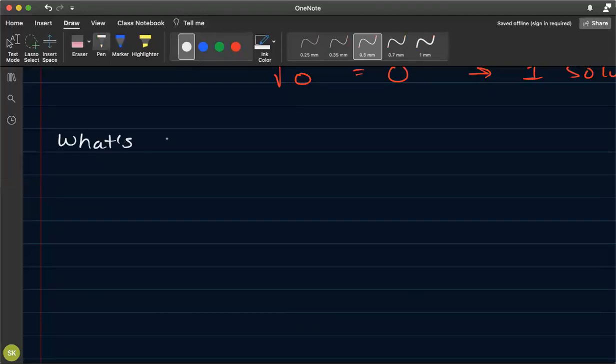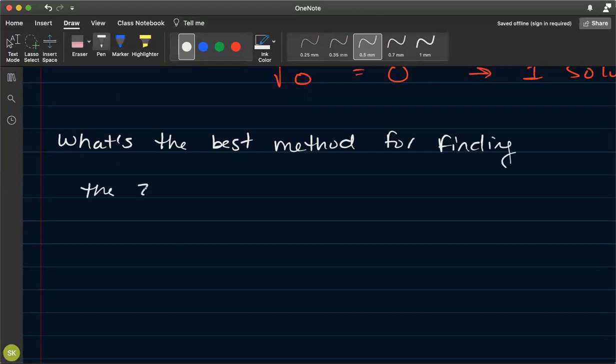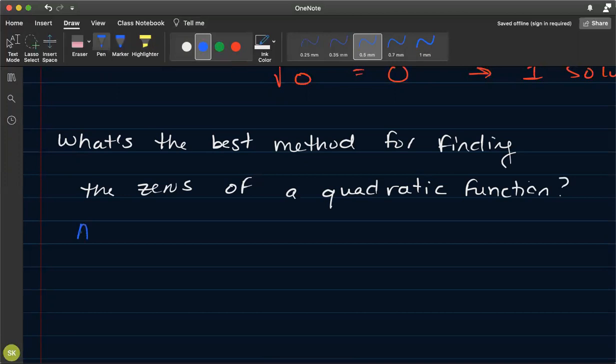What's the best method for finding the zeros of a quadratic function? And the answer is it depends on the function.